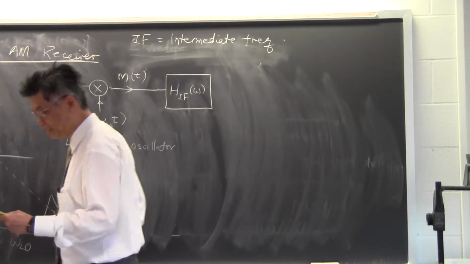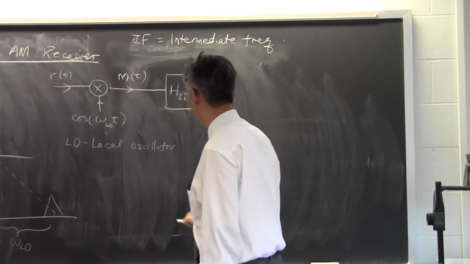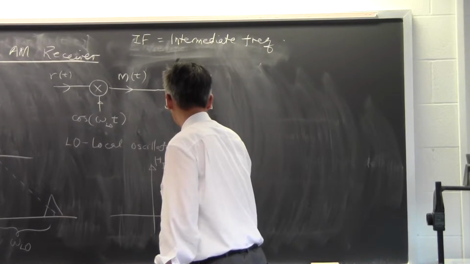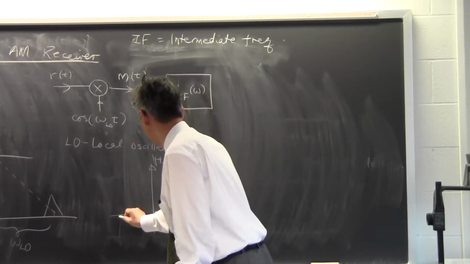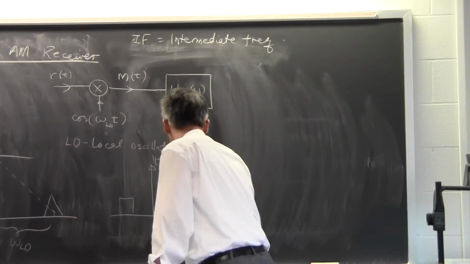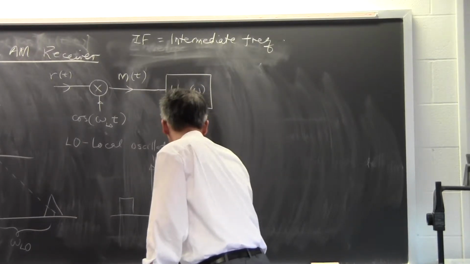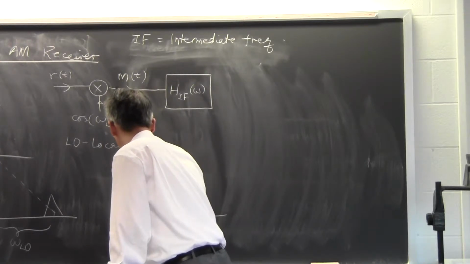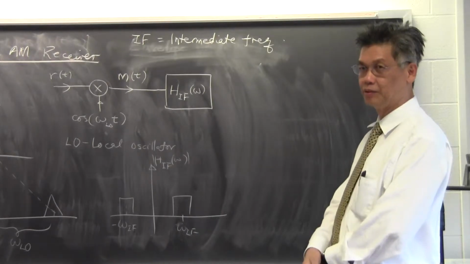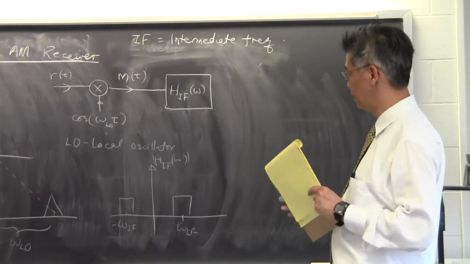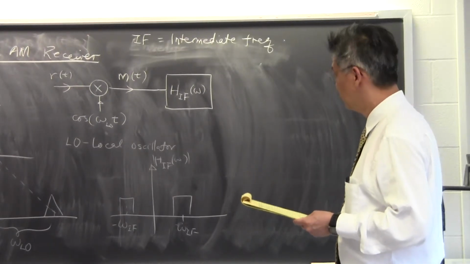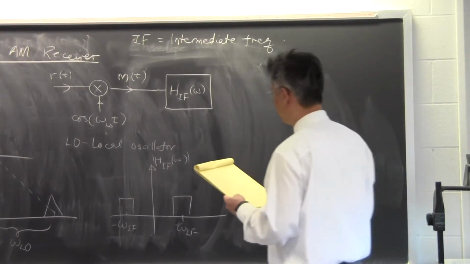If I design a bandpass filter that looks something like this, with H IF omega looks something like that, it picks up exactly this omega IF signal. Okay, if my bandpass filter is like that, it will pick up those two sidebands exactly over there. Okay? And then I work with this signal over here.